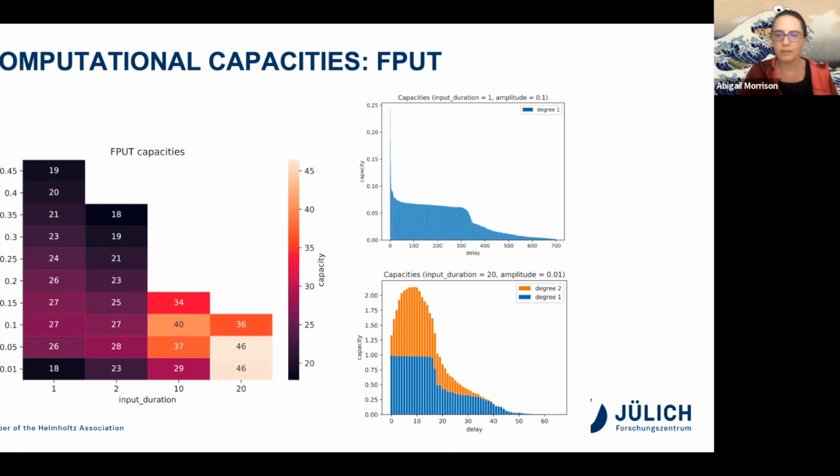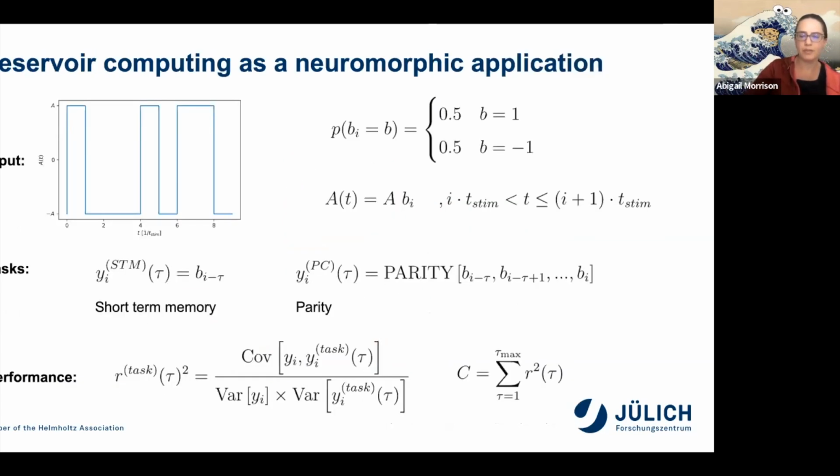And once again, we can shift it between linear and long memory, as shown in this top plot here, or more nonlinear and shorter memory, depending on the choices of the input, just the input duration and the amplitude here. And this converts to different computational performances.